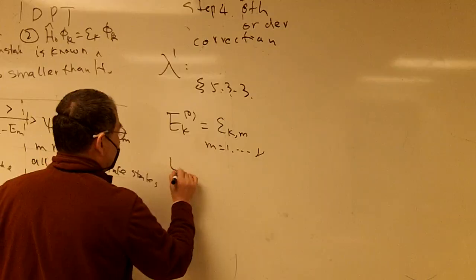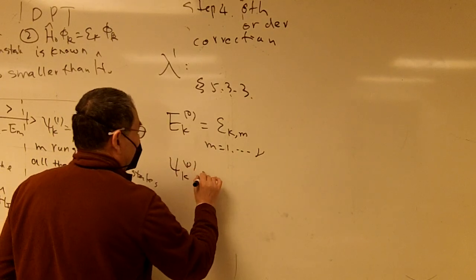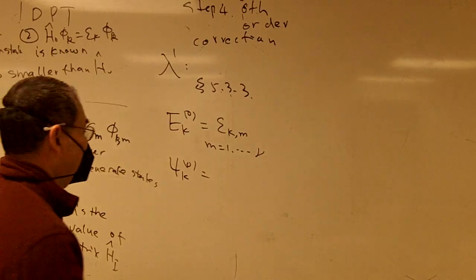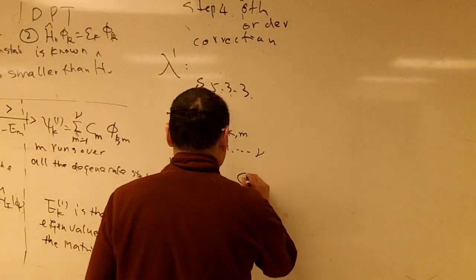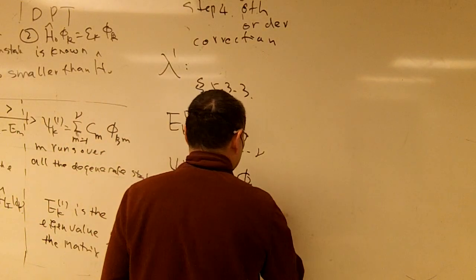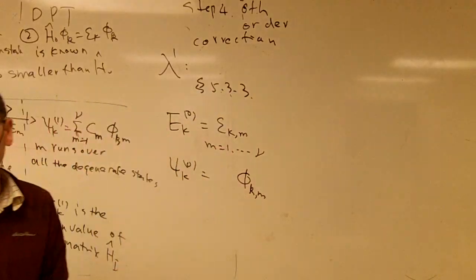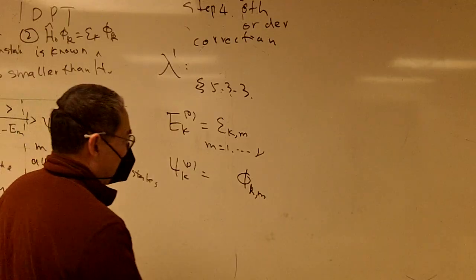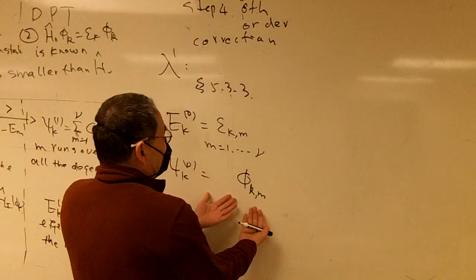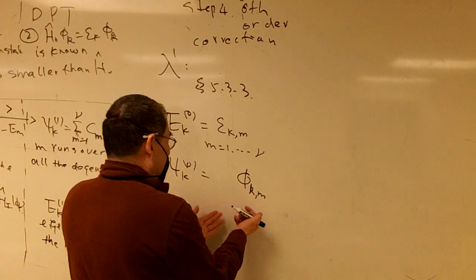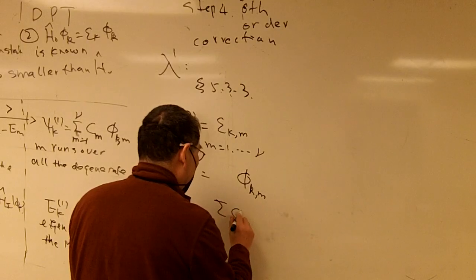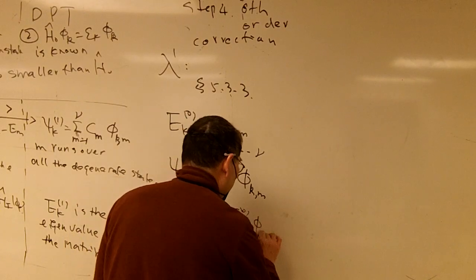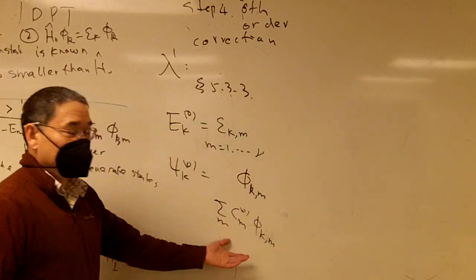Now for the zeroth order wave function, you can choose any arbitrary linear combination of the degenerate ground states. Again, this k can be k sub m. You can choose any combination you want, and they will be exactly the same. You can simply choose this one, or choose this one, the zeroth order m, and it will be fine.